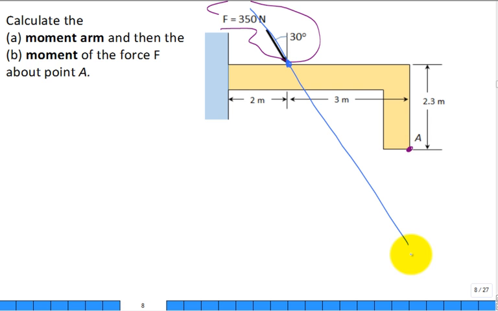And then I focus on that point A. That's where I'm getting the moment about, that point A. Then I make a sketch, and I say, well, looks like this would be a good representation. And I need the length of that line. That's what my moment arm distance is. I'd better be good at right triangles. I can then draw this line from here to here, true?